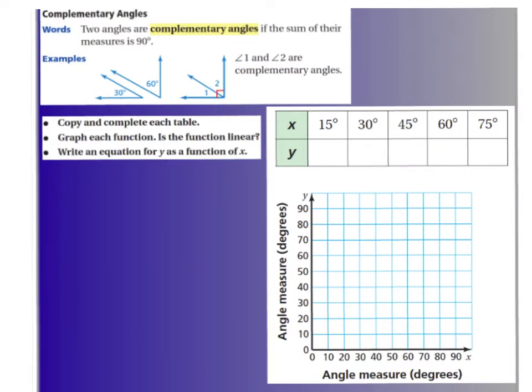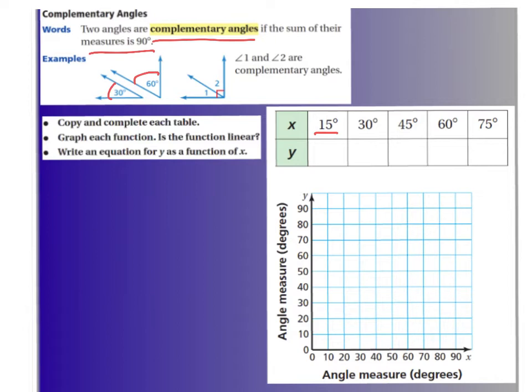So the next word we have is complementary angles. Complementary means that their two measures add up to 90 degrees. So this angle is 30, this one is 60. When we put them together, they equal 90. So if we have an angle of 15 on one side, what would have to be the other angle in order to add up to 90?